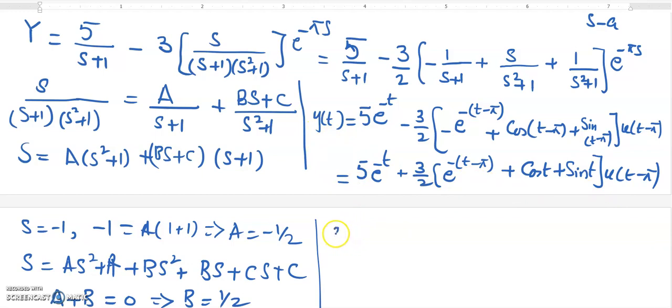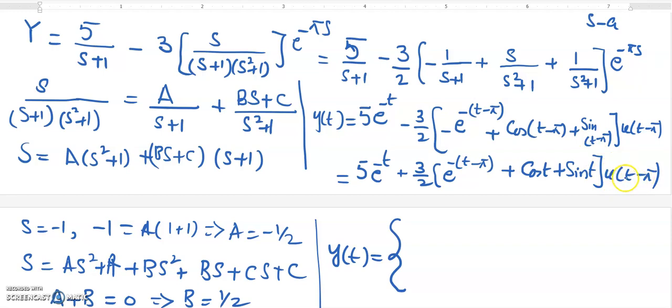Now we can write this y of t in a more generalized format without the unit step function. y of t is equal to, we have only two ranges.